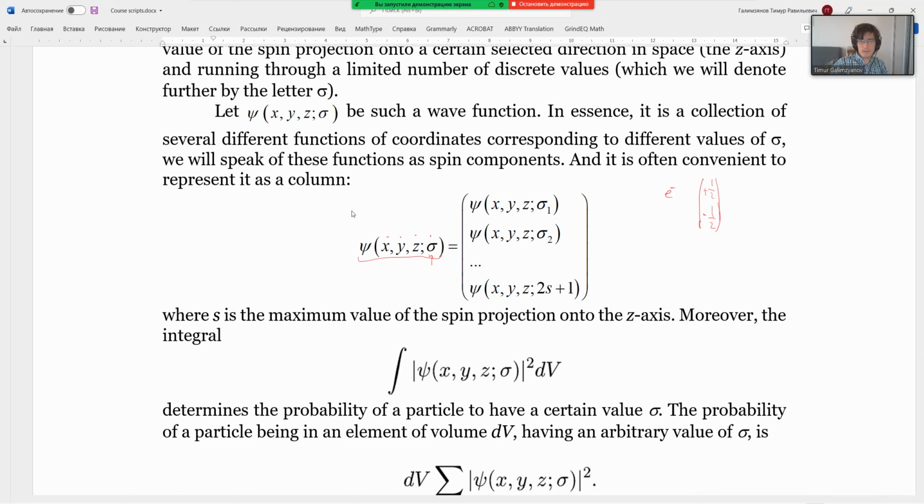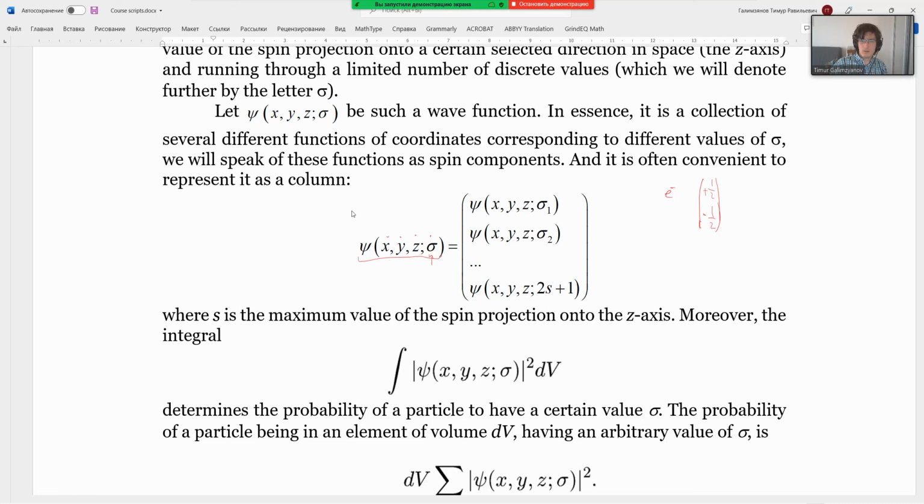And that is why the wave function can be written down as a vector. Each component of the vector depends on the coordinates x, y, z.